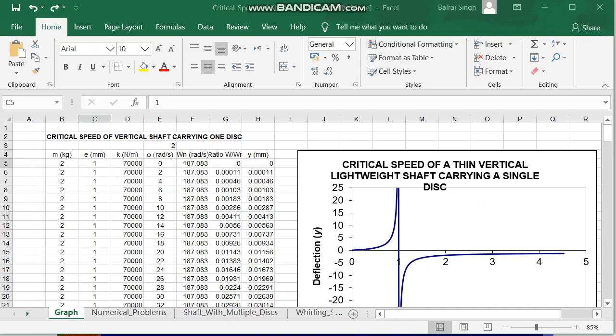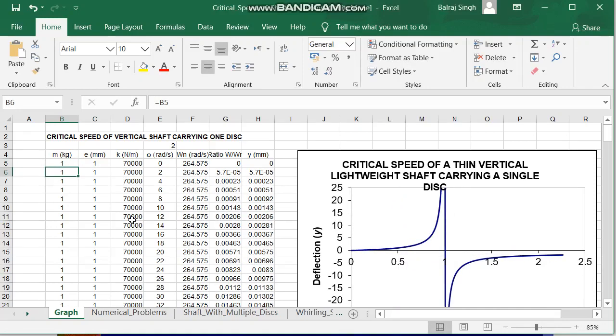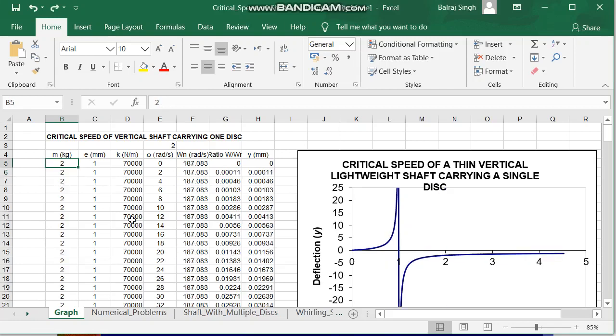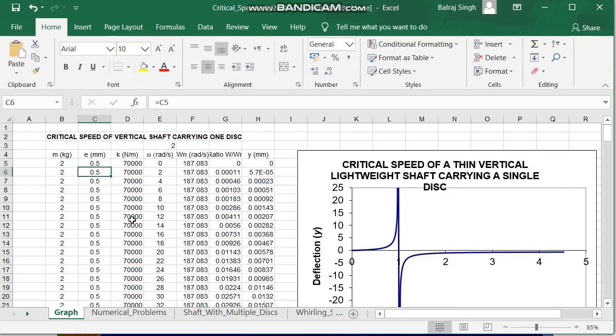I'd like to show this with the help of an Excel worksheet. Here if I reduce the mass, let us say I make it 1 kg, this peak shifts. And if I reduce e, my amount of error, say I make it 0.5, it's like this.